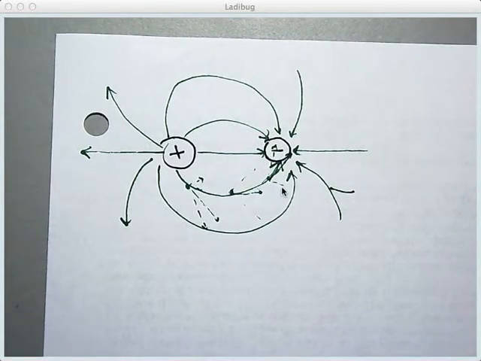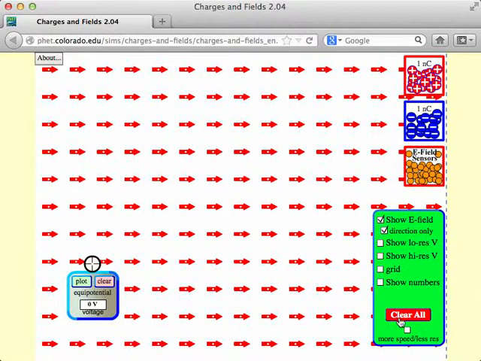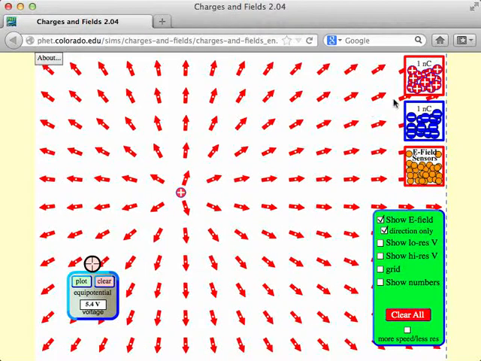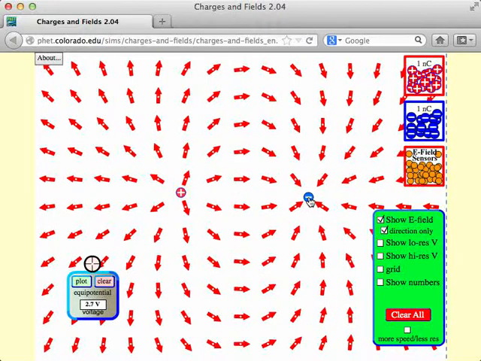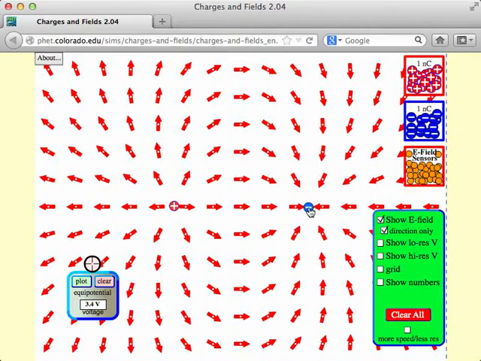So let's test this and see. I want a positive and a negative. Let's move this to be right on here.